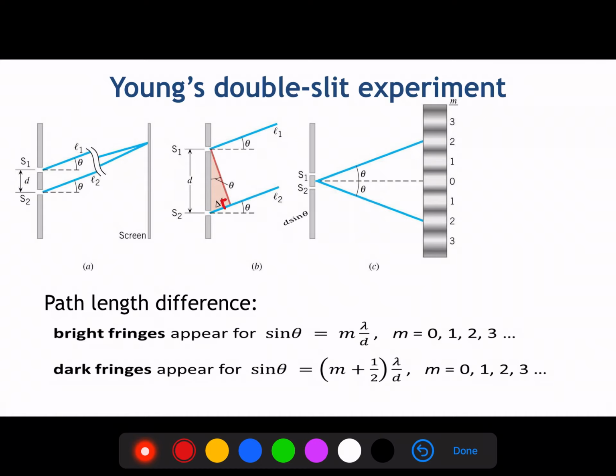Okay, and in that case, the hypotenuse of your right triangle is your distance, and so sine times that is going to be, if you solve it, equal to this equation here for our bright fringes.